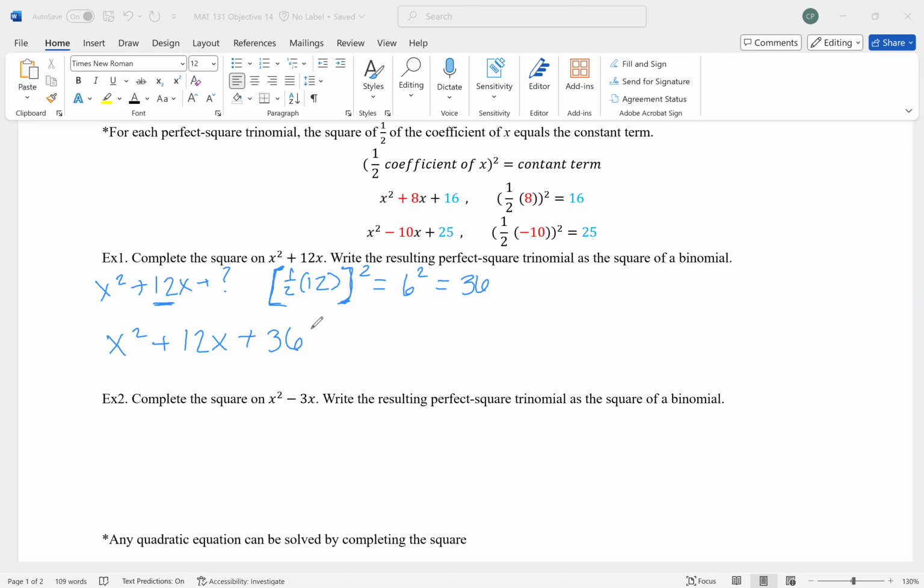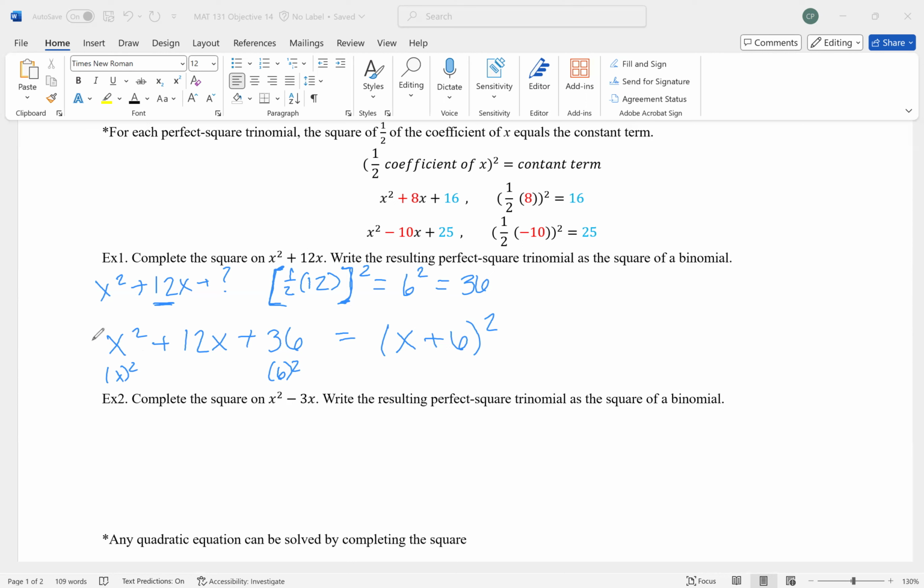Okay, and if we write this as the square of a binomial, or a binomial squared, if we look at the x, we got an x squared, and here we got a 6 squared. So it'd be x plus 6 squared, okay?